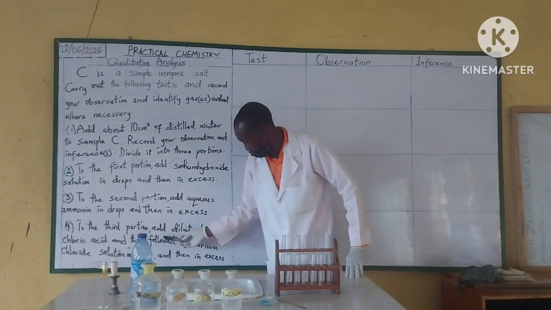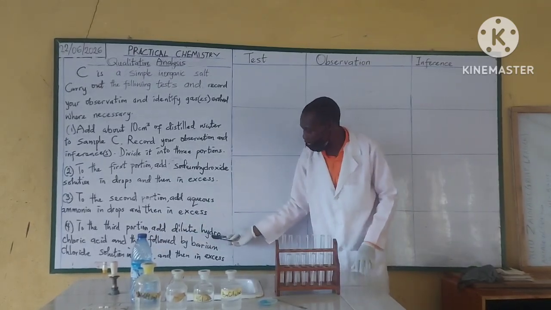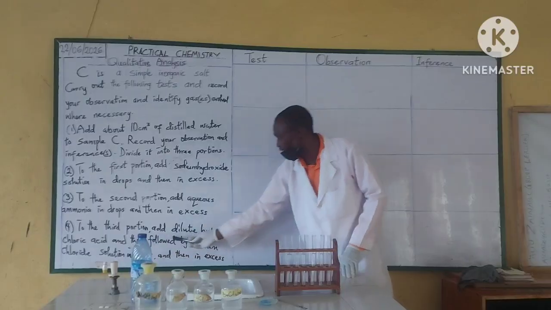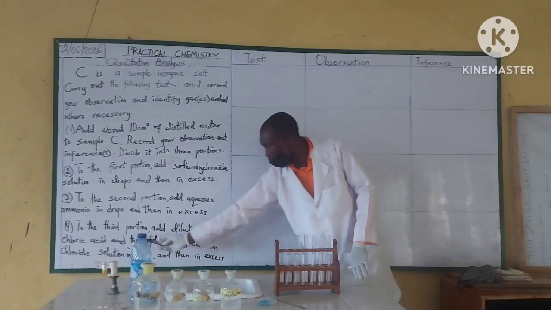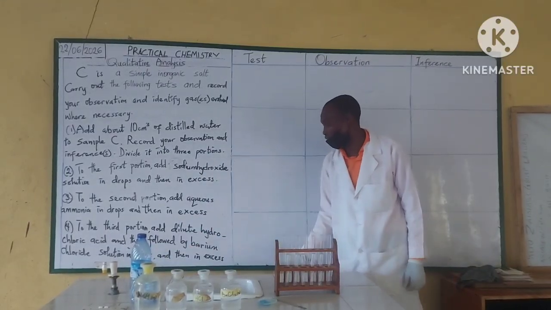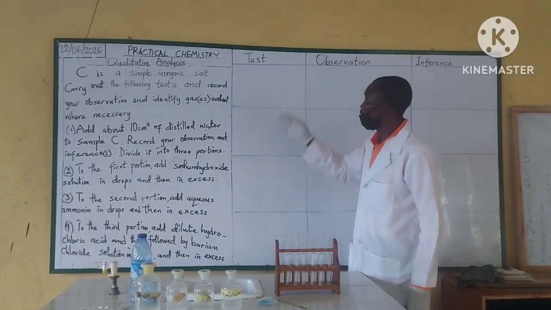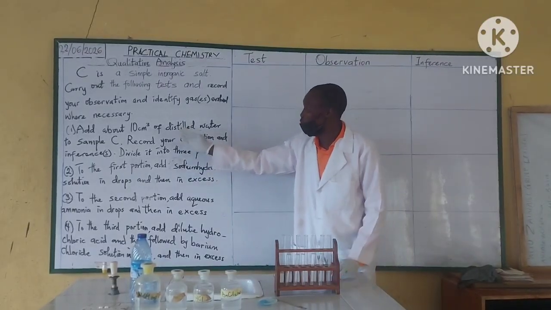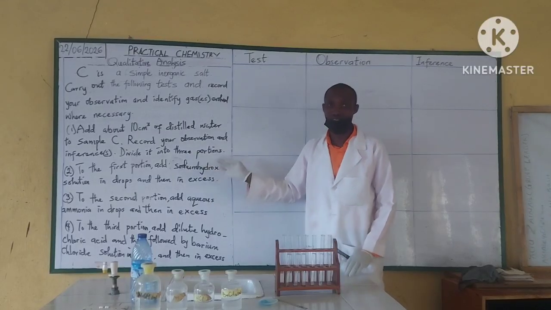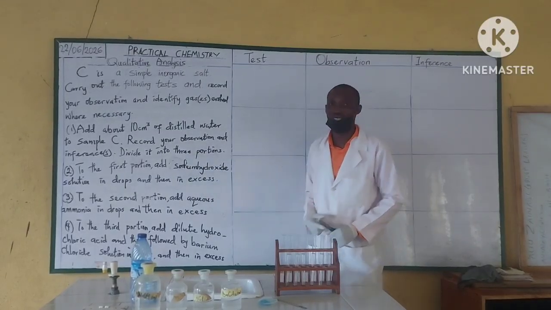To the third portion, you are to add dilute hydrochloric acid, followed by barium chloride solution in drops, and then in excess. Now, we are going to follow this procedure, the steps one after the other.